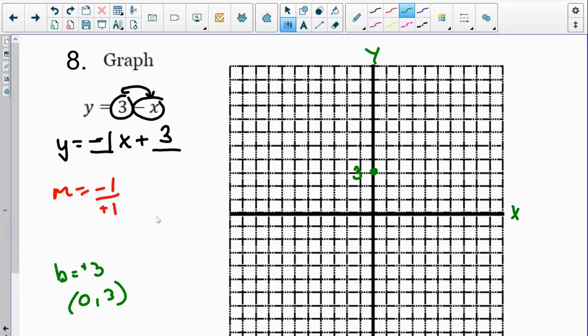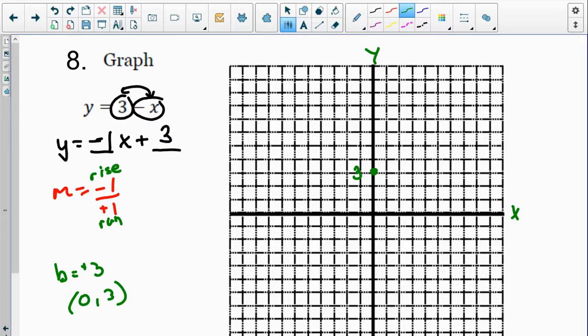Now another point that ends up being right on the line is if I use the slope to plot the next point. So remember, it's rise over run. So rise is negative 1. Run is positive 1. Okay, so they're not both negative this time. When my rise is negative, think about that.